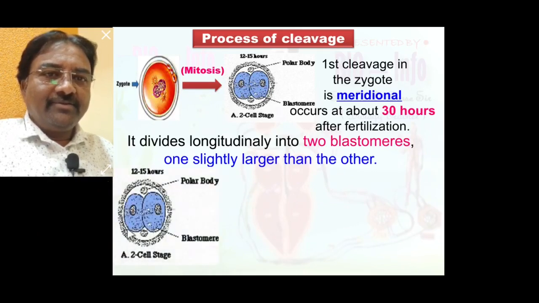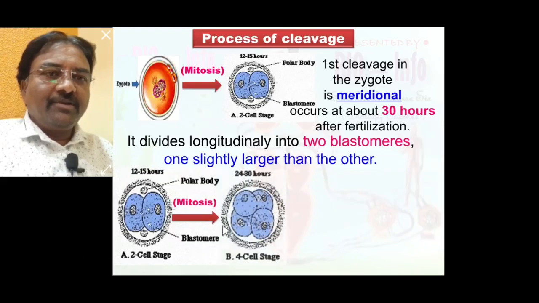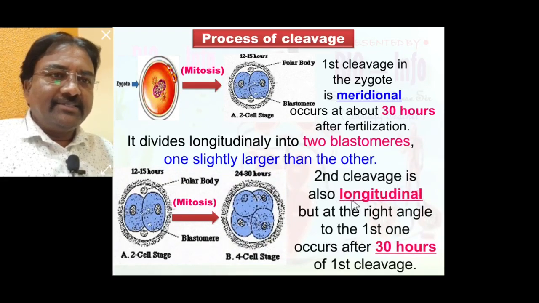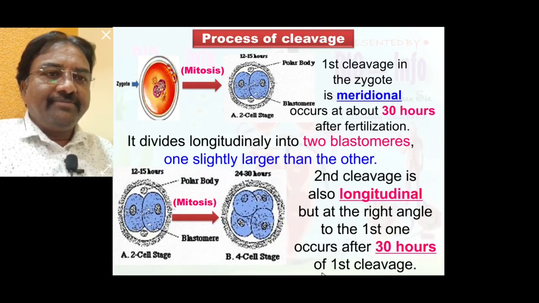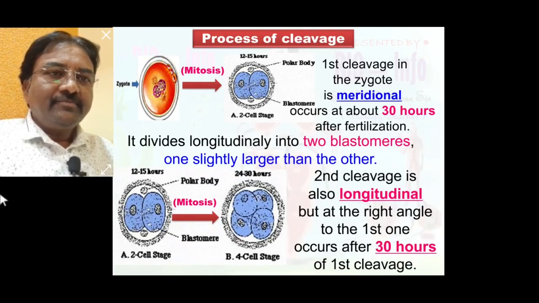Now the two-celled cleavage stage undergoes mitotic cell division to form the four-cell cleavage stage. This is the second cleavage, also longitudinal but at right angles to the first, and it occurs 30 hours after the first cleavage. That means the second cleavage is formed 60 hours after fertilization.